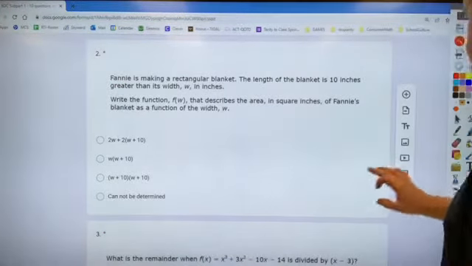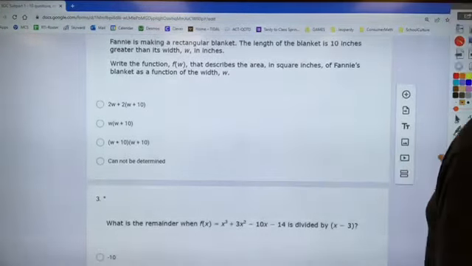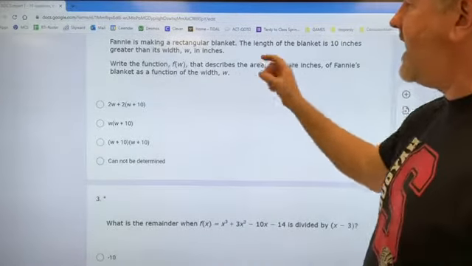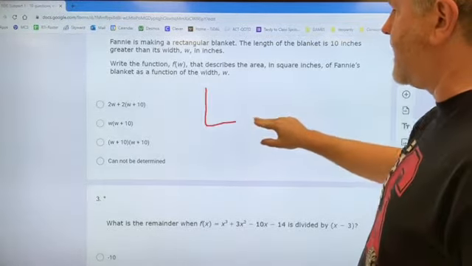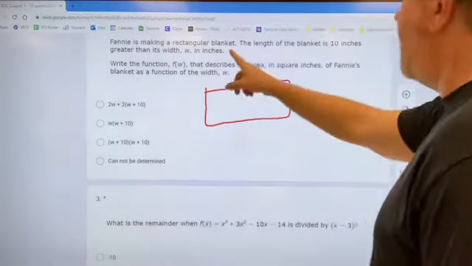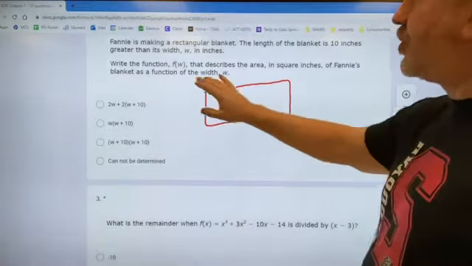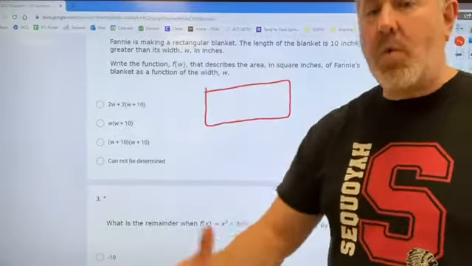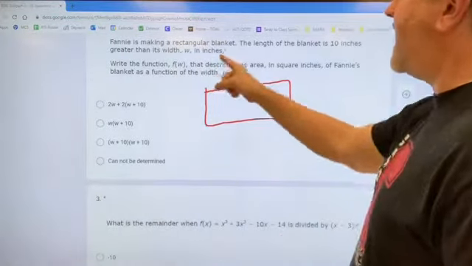All right, so the next one is a word problem, but it just explains something. As soon as you see the word rectangle, be sure and draw a rectangle, okay? The length of the blanket is 10 inches greater, which means more, which means addition, than its width.